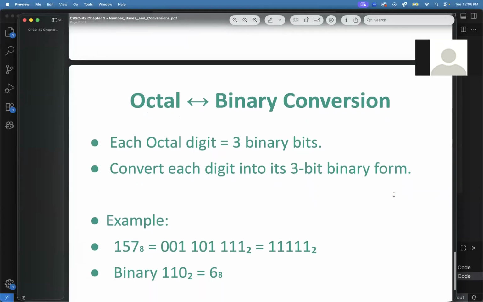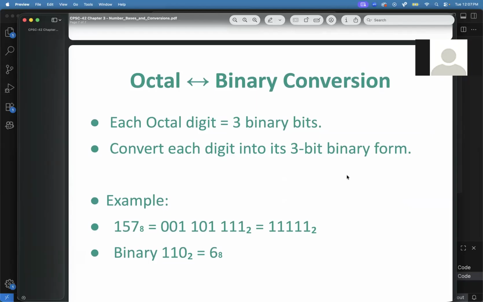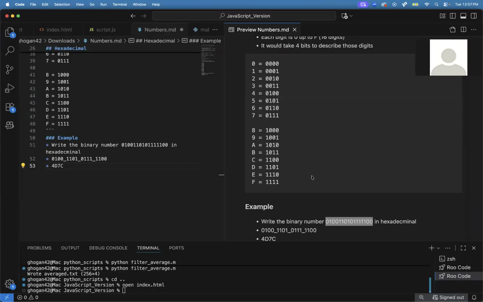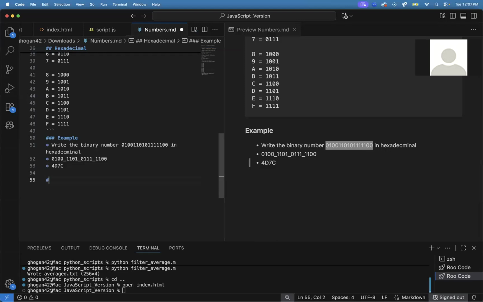Now you can do the same thing for octal and binary. Just octal, instead of having 16 possibilities, it only has 8 possibilities, and you just do them in groups of 3, essentially. So if you needed to convert a number to binary, let's say, example, we need a number with digits less than 8.